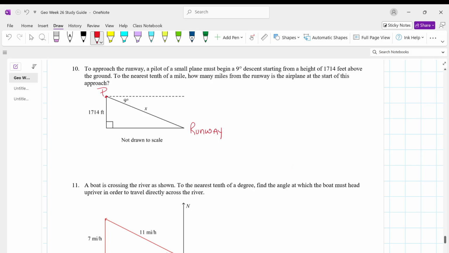All right. We're going to use this 9-degree angle, and we're going to put it inside the triangle because these two are alternate interior angles and they're congruent. We've got opposite. We're looking for hypotenuse. Sine equals opposite over hypotenuse. So sine 9 equals opposite, which is 1714, over hypotenuse, which is x.